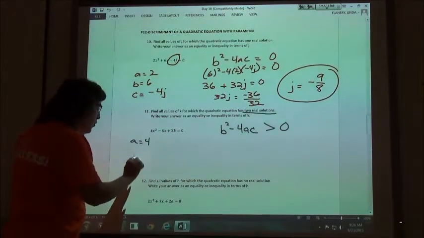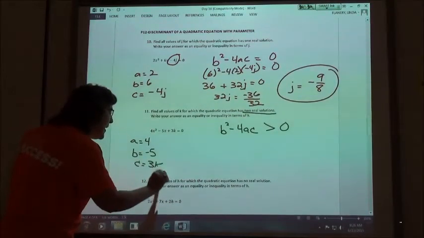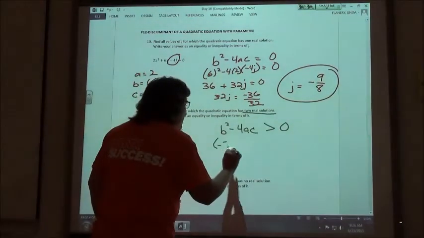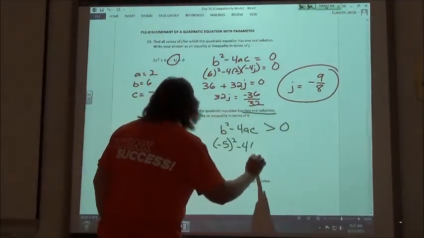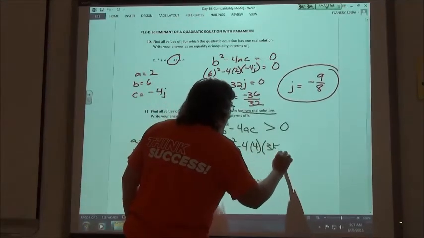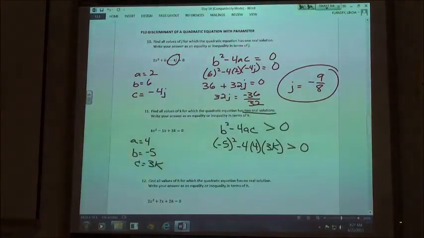A is going to be 4, b is going to be negative 5, and c is going to be 3k. Negative 5 squared minus 4 times a is 4 times c is 3k has to be greater than 0 in order to make that a true statement.